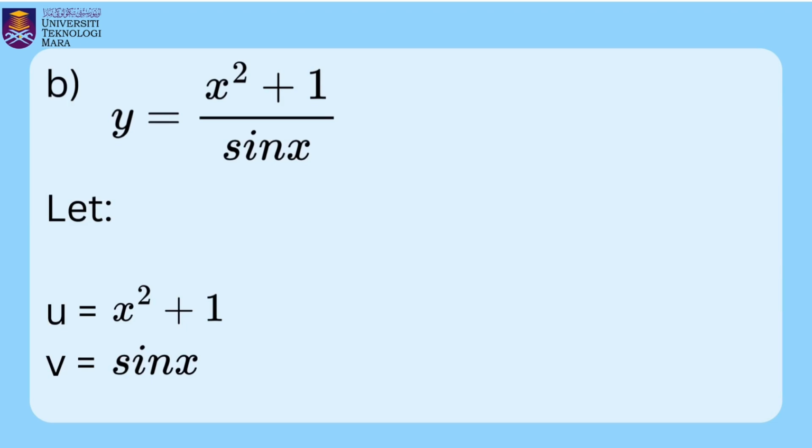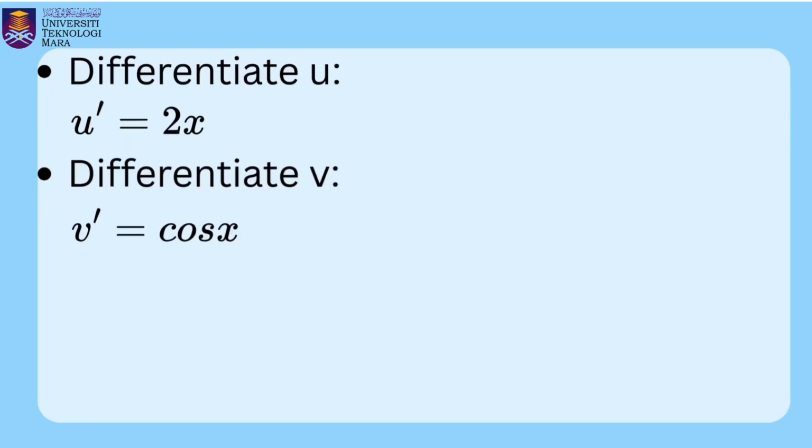Now question B, y equals (x squared plus 1) over sin x. Let u equal x squared plus 1 and v equal sin x. Now we get u prime equals 2x and v prime equals cos x.